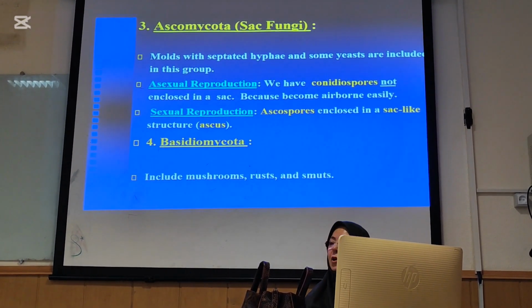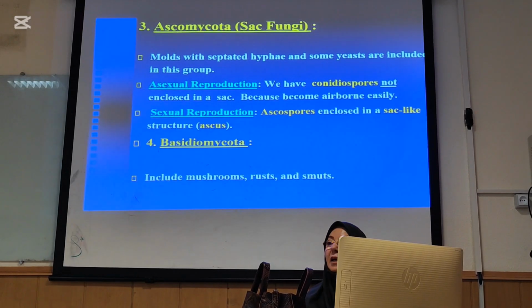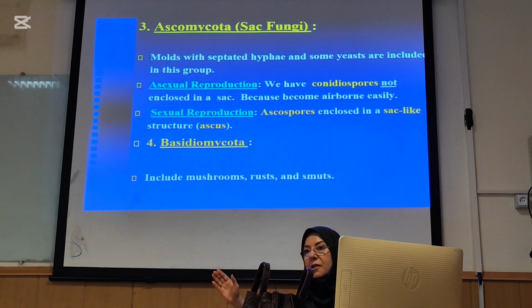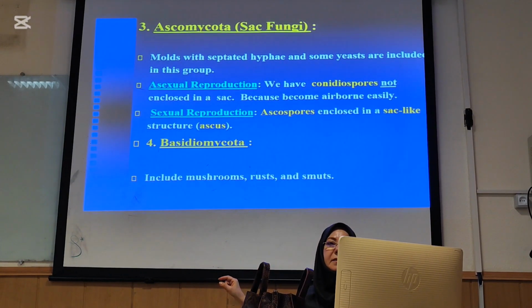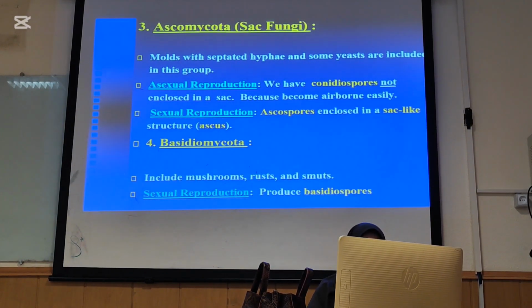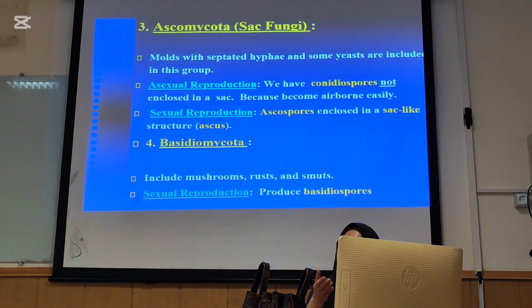And asexual spores usually can be seen by fragmentation of the filament. This group of fungi includes mushrooms, rusts, and smuts.